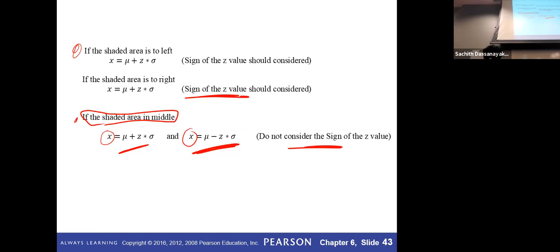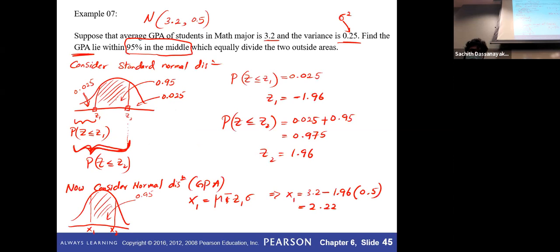The reason is this guy right here. See, it controls the sign. This negative controls it. So no problem with that. So X2 is mu, now it is plus. I mean the second X value, so it is plus C1 sigma.